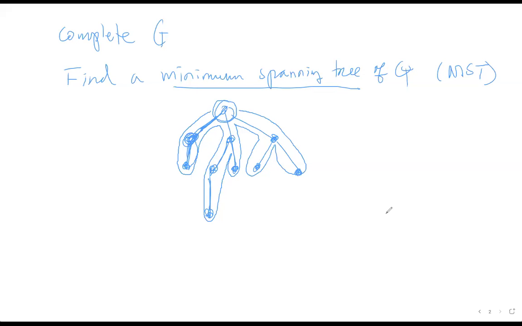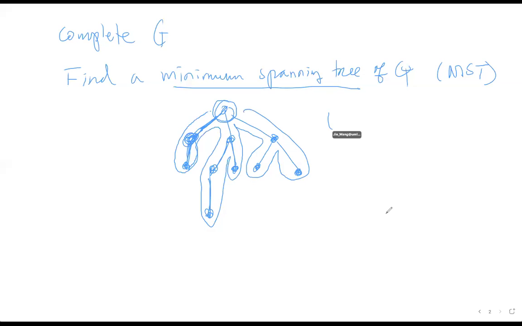So for this, I'm going to connect this node instead of going back. Sorry, not this one. Let me remove this. So this will be my tour. Now this is called a tour. But I want to convert this tour to a Hamiltonian cycle.